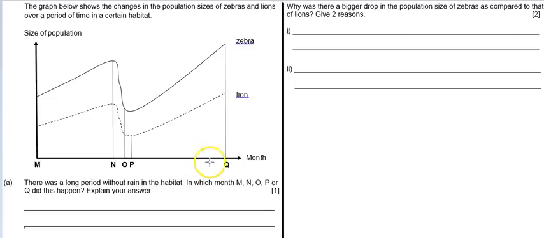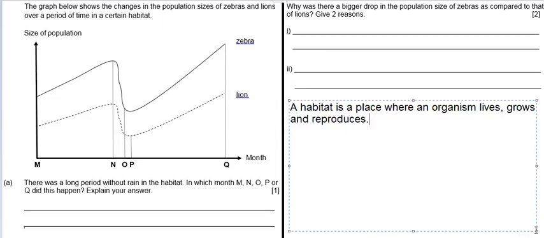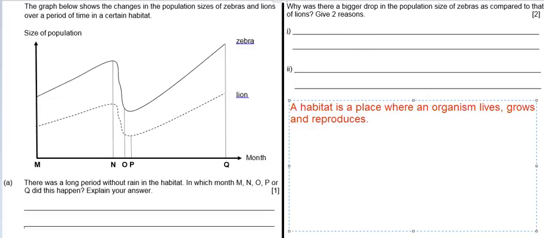All right, so let's revise what we already know about all the different concepts that you need to answer this question. Okay, first of all, this is a question about habitats, right? We know that a habitat is a place where an organism lives, grows, and reproduces.